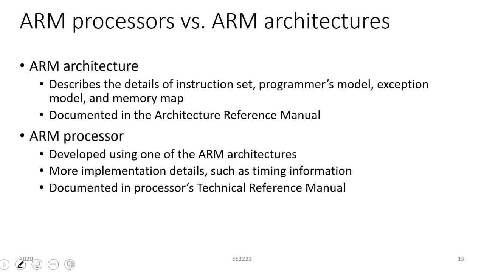So they define the architecture, and then various vendors can license that architecture and go on to implement and manufacture those processors. That is one of the main differences between ARM architecture and ARM processor. Processors are again not manufactured by ARM itself. They are the designers, and processors are normally manufactured by third-party vendors.